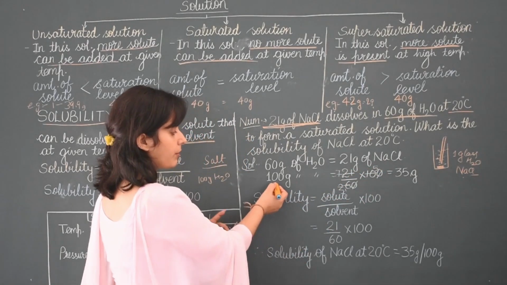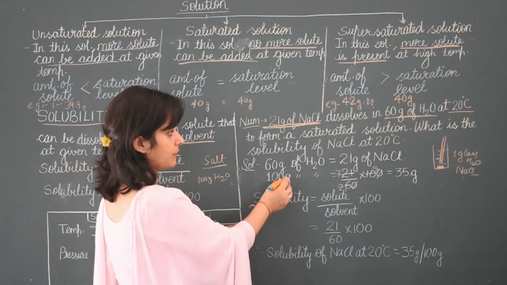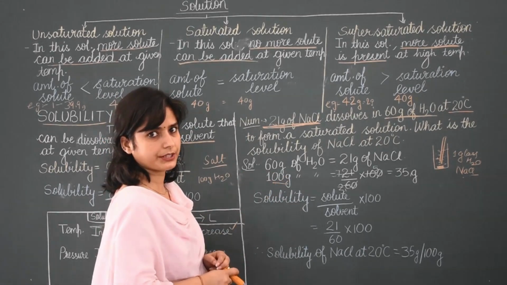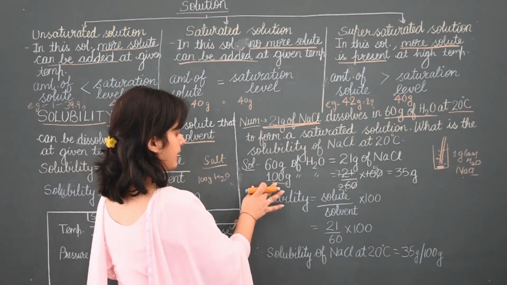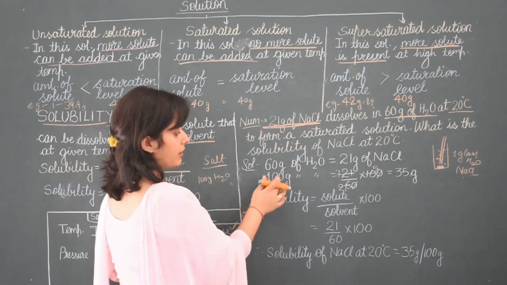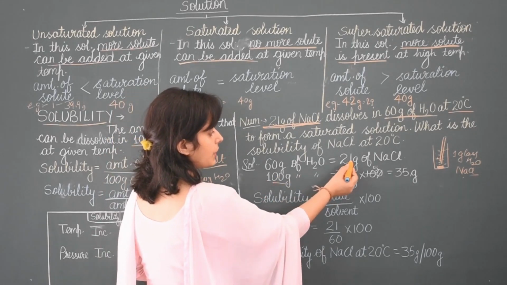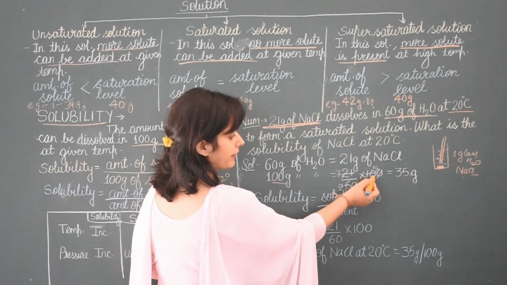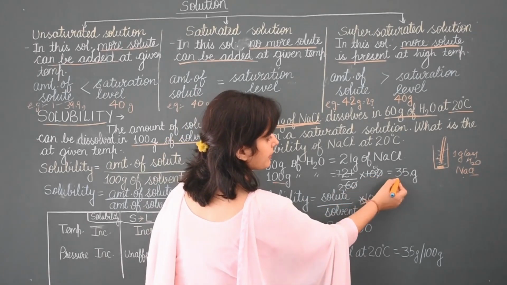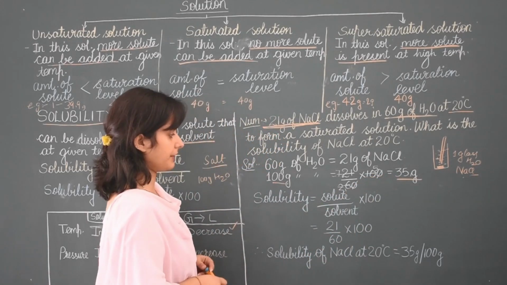So how much amount is present in 100 gram? Because solubility is always calculated in 100 gram or 100 ml of solvent. So 100 gram will contain 21 upon 60 into 100, and when you calculate it, it will come to 35 gram.